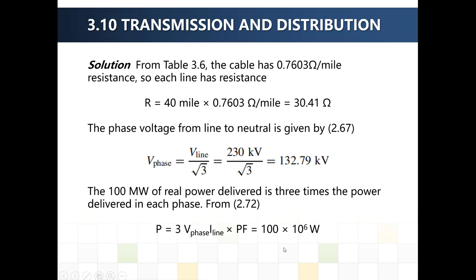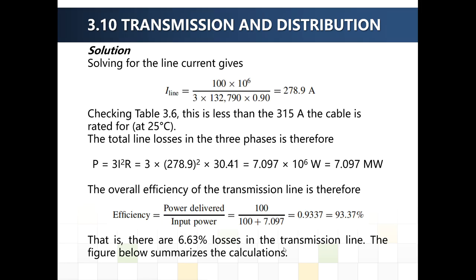Therefore, we can calculate the line current as 100 times 10^6 divided by 3 times 132,790 volt times 0.9.